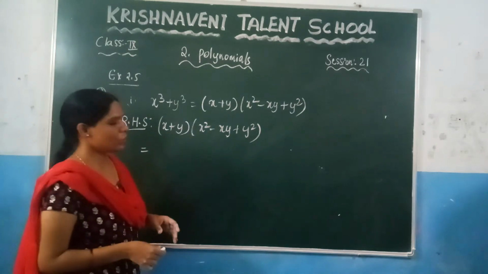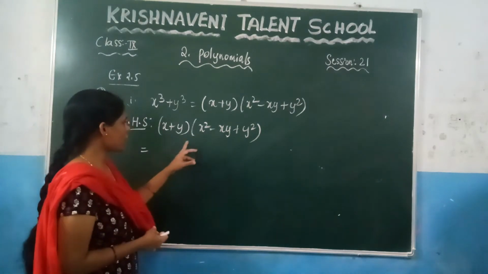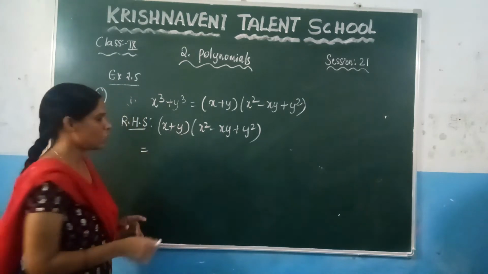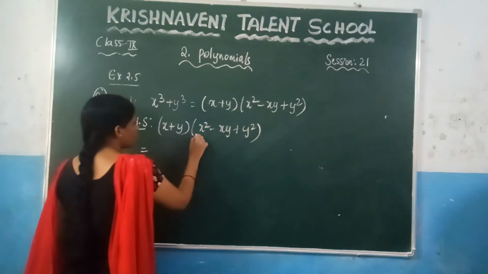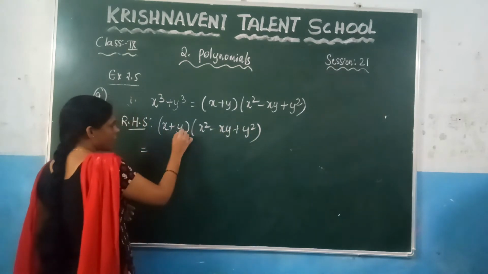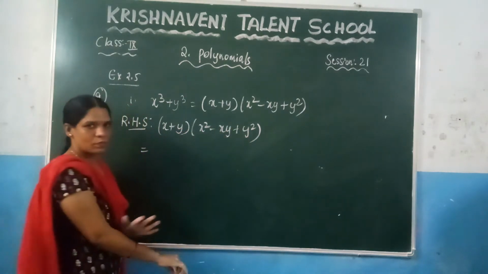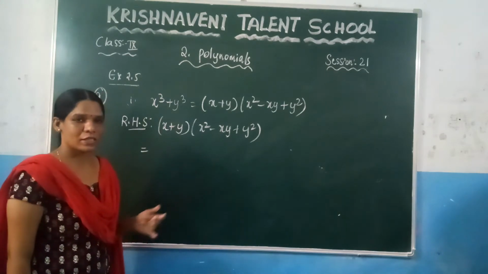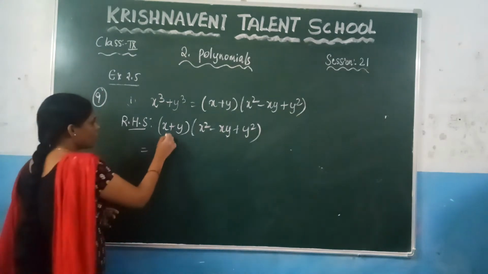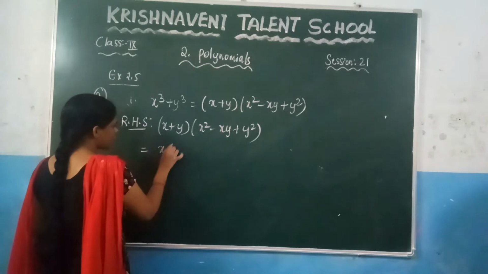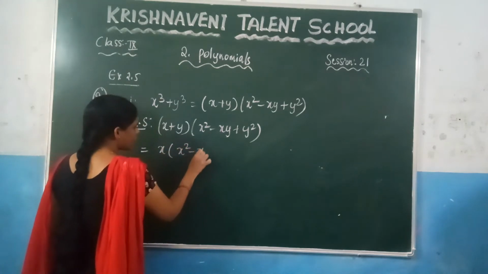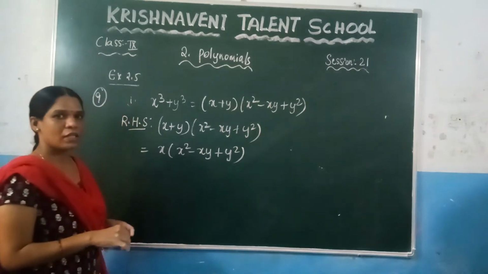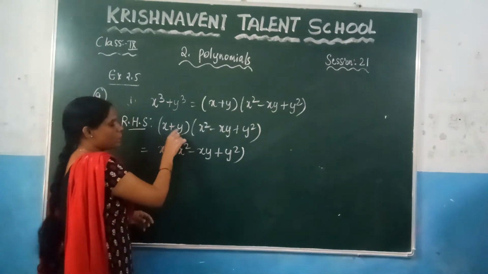How to solve this one? You need to multiply (x plus y) to this whole term. So let us multiply separately: multiply x with this whole term, and after that multiply y to this whole term. That means we are using the distributive property. So we multiply x into (x square minus xy plus y square), and after that you need to multiply with plus y also.